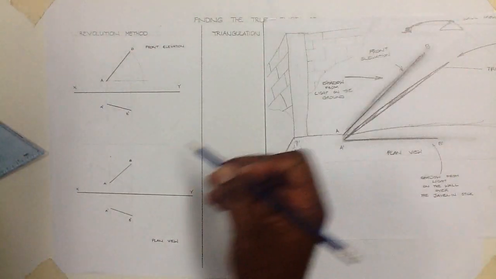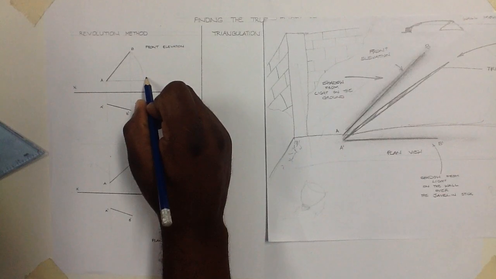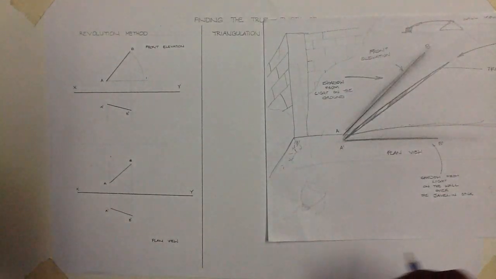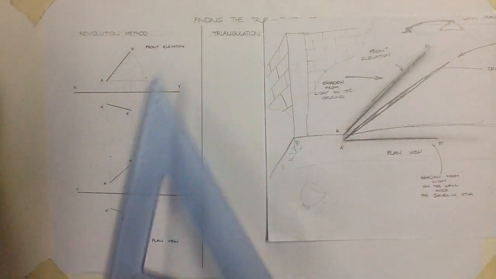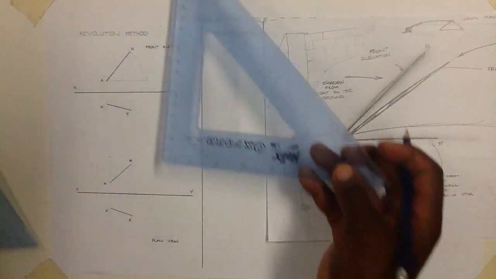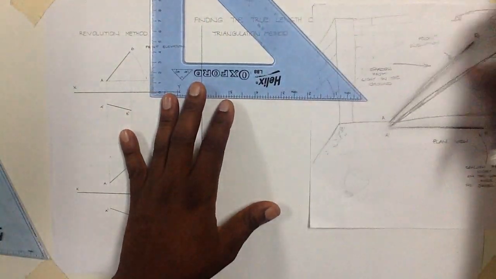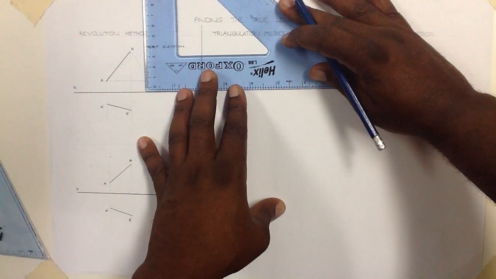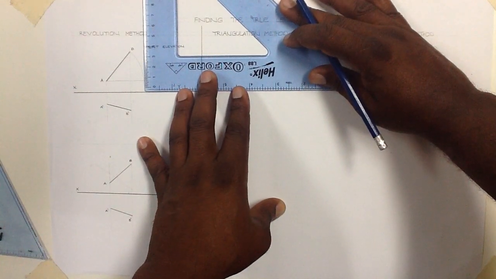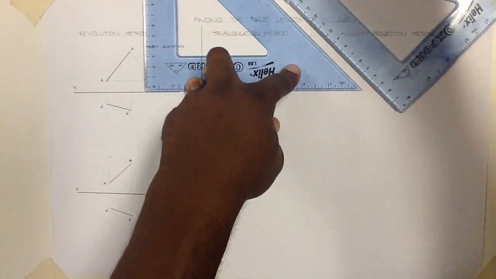And from there, let's just, for argument's sake, label this point 1. So we are going to now extend from point 1. I'm going to use the horizontal plane as my reference line, because I don't have a t-square.